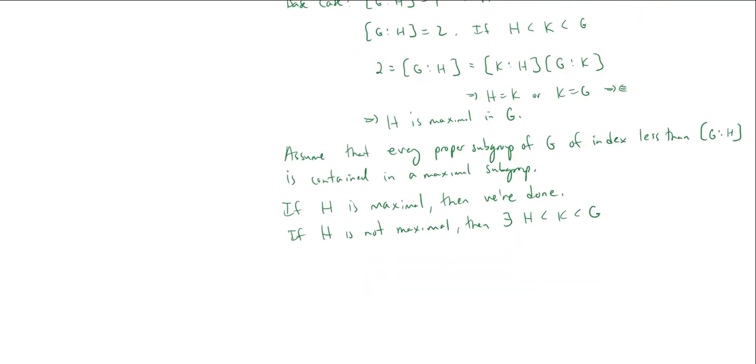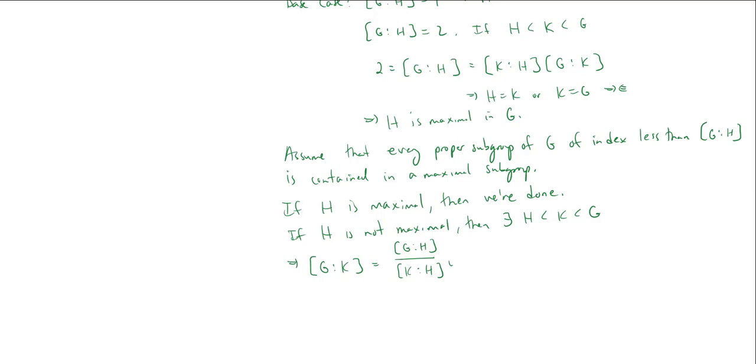Okay, but this now tells you that the index of K in G, well, if we look up above, we actually know we have this nice relationship up here. The index of K in G is equal to the index of H in G divided by the index of H in K. Okay, but we know that the index of H in K is not equal to 1 because H is a proper subgroup.